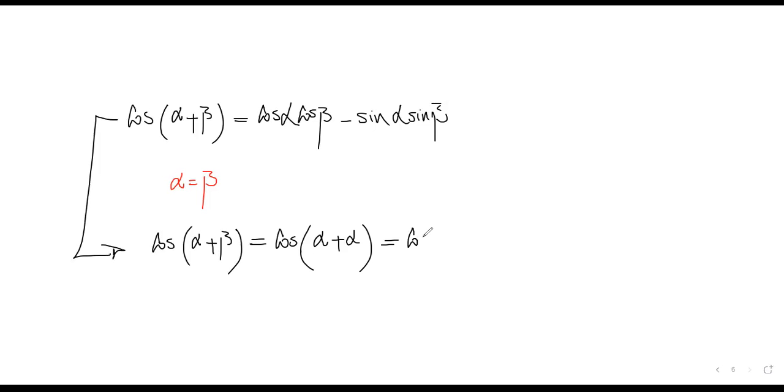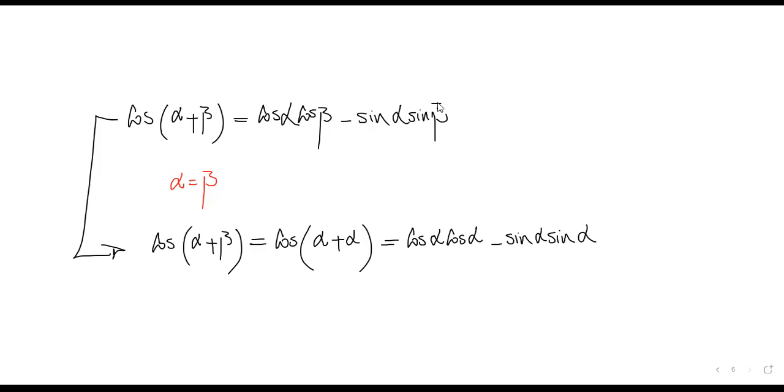Then it's going to be the cosine of alpha times cosine of alpha, minus sine alpha times sine alpha. We started with our very basic identity that the cosine of a sum of angles is this. And Lauren asked what happens if I have two angles equal, alpha equal to beta, then we get this expression. Look at this.